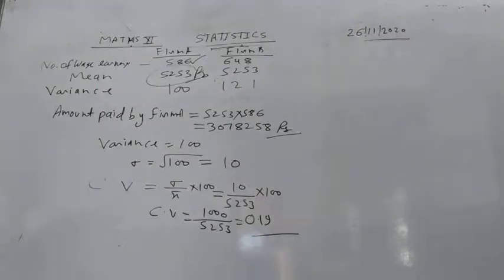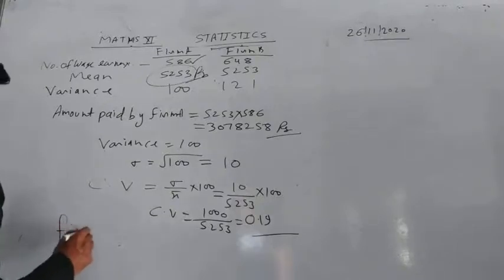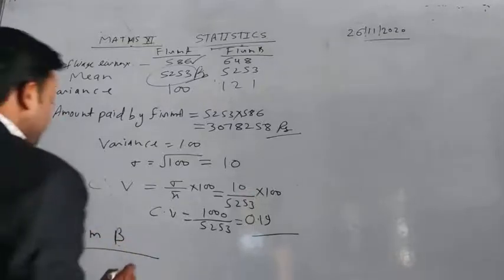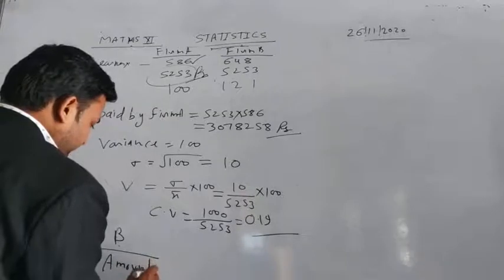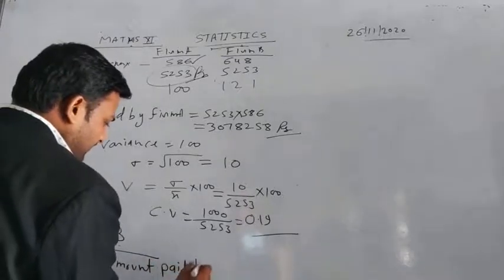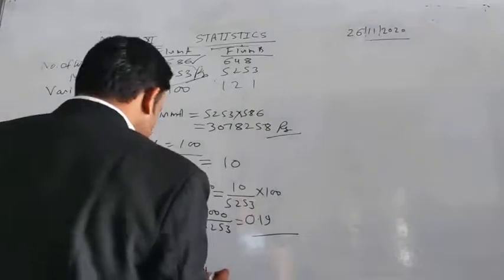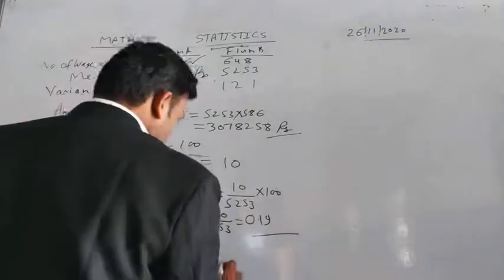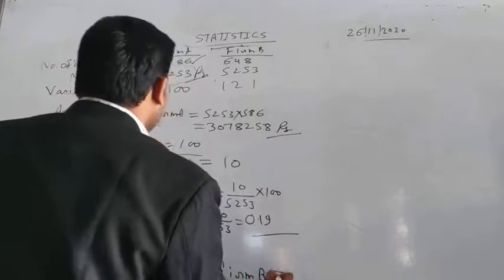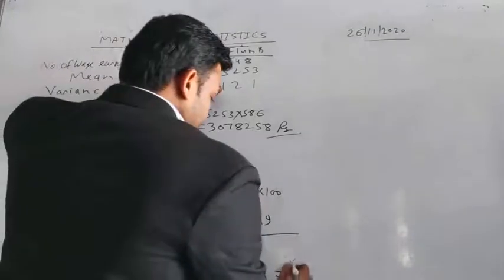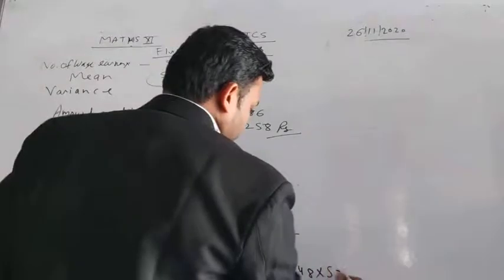Now we will find it for firm B. In the second part, we have to find which firm, A or B, shows greater variability. So for firm B, the amount paid will again be multiplied, 648 into 5253.